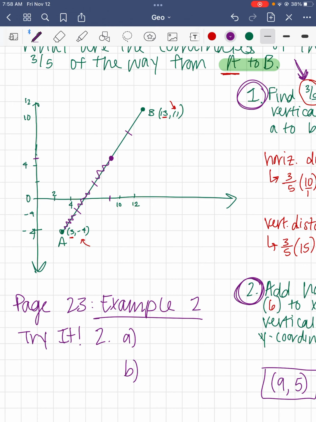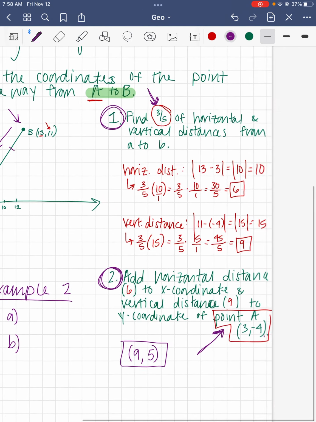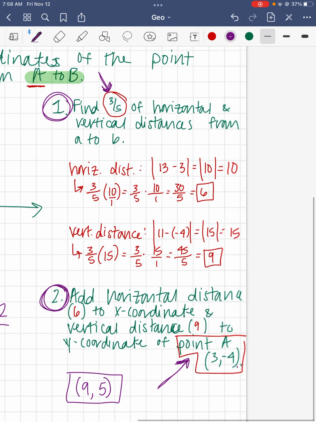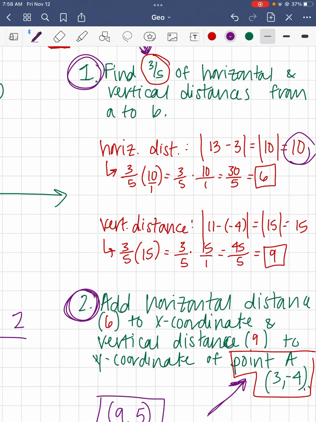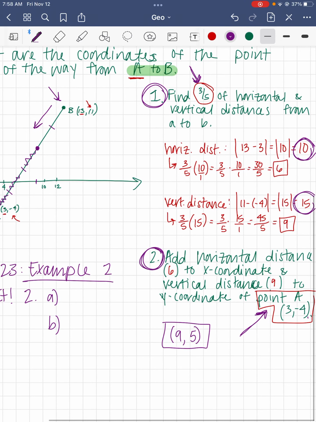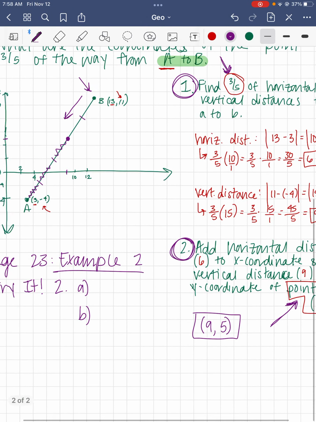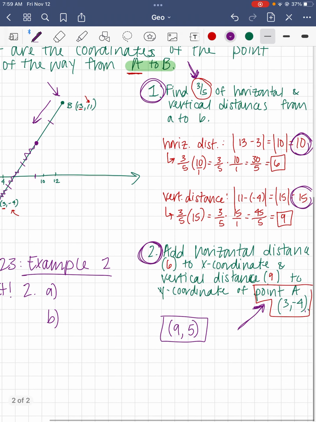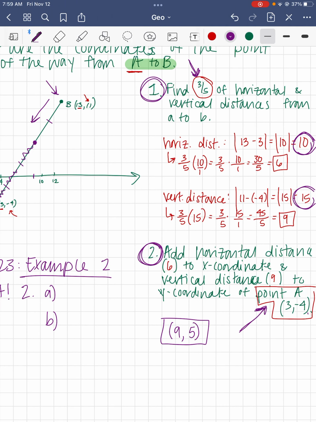So the main difference there is you're actually going to be starting with B, okay, and then you're going to be going down this way. So your vertical distances, these numbers over here, 10 and 15, will remain the same, right? You just need to find, for the first one, 7/10 of those, and then add those distances to A. But for part B, 4/5 of the way from B to A, you're still going to use 10 and 15. You're going to do 4/5 of those.